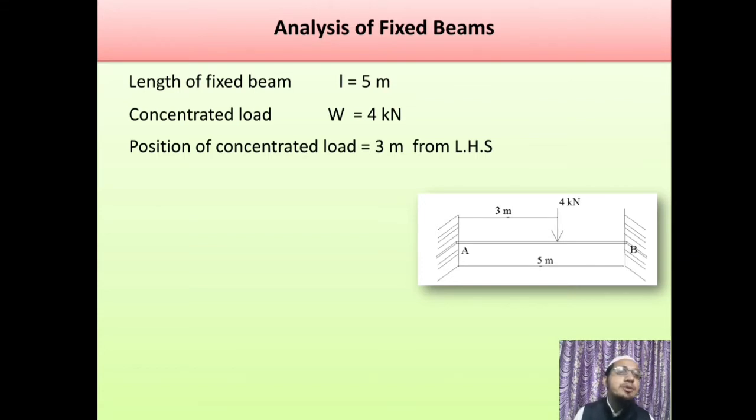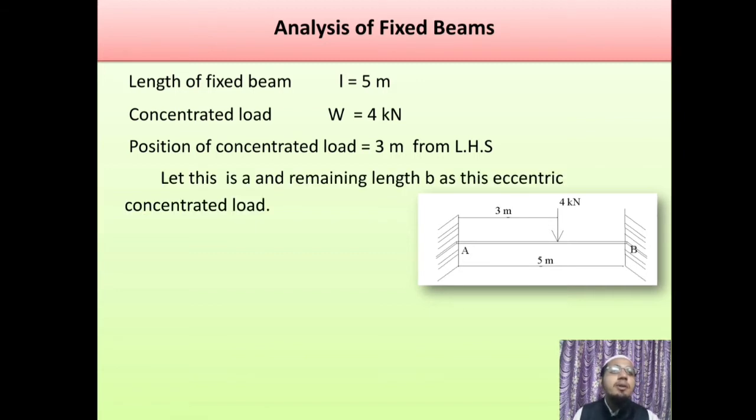The remaining portion will be small b, the distance of the point load from support B. What will be the magnitude of this b? Yes, b equals span minus a, that is 5 minus 3, which equals 2 meter. So why have we obtained these a and b distances? Yes, because we derived the formula for this type of condition in the form of a and b.